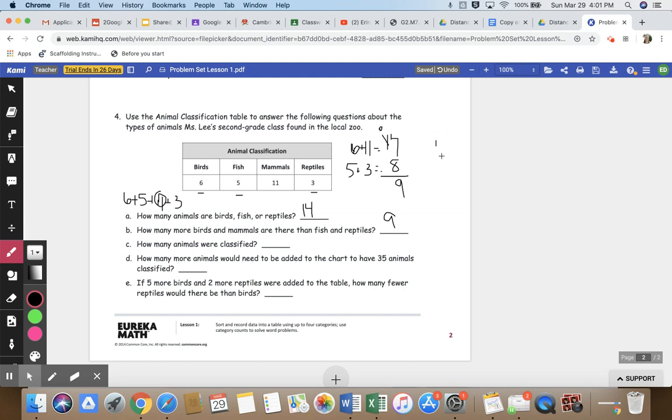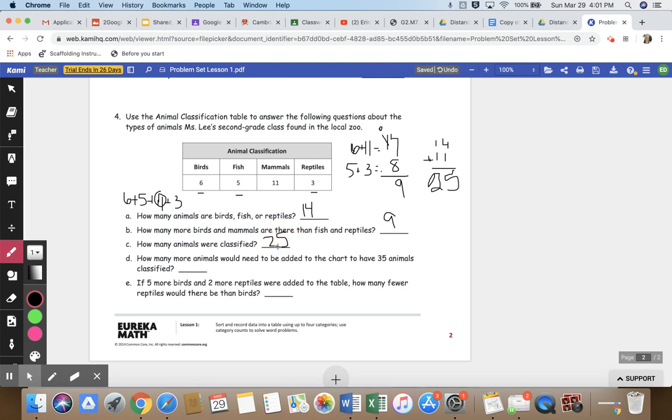So 14 plus 11 is going to give me a total of 25 total animals classified.